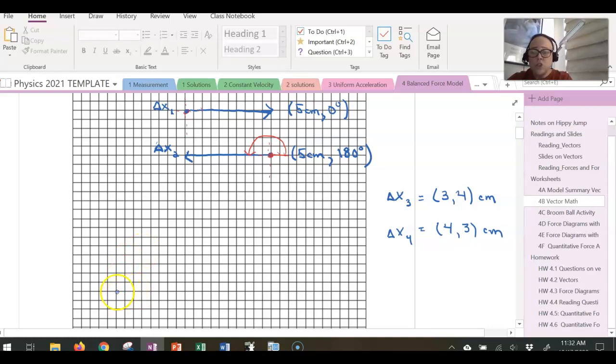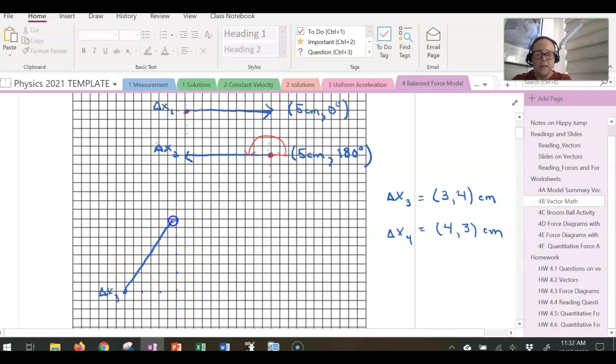Okay, and you can just choose any place to start your vector. So I'm going to start mine right here, Δx3. And so it has to go 3 centimeters to the right, because the extent in the x direction is 3, and it has to go 4 centimeters in the y direction.